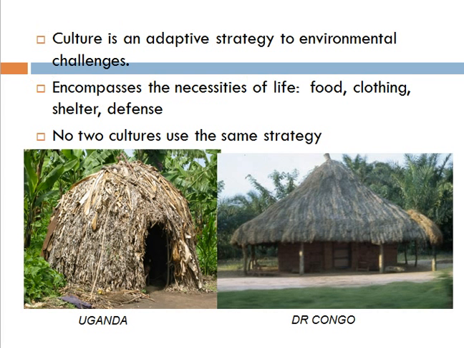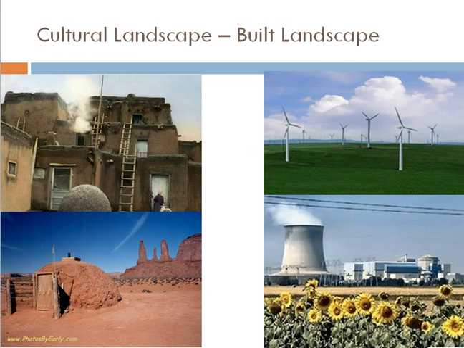One of the aspects in cultural ecology is seen in our housing, in our clothing, in our food, defenses, shelters. Here are two thatch houses, both in Africa, but from slightly different needs and slightly different materials, but basically the same underlying idea.